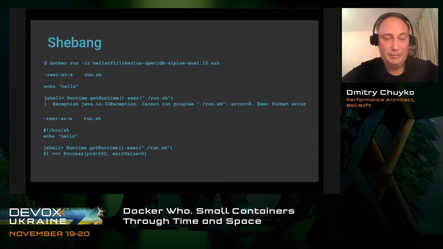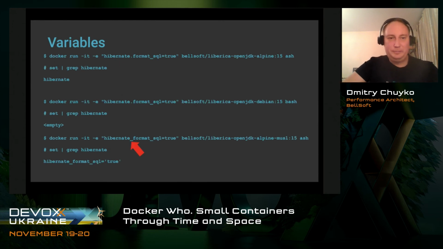So for shebang, imagine you have a very simple shell script and you expect that it will be runnable if you just exec it from the Java environment. Well, it may not be because you missed the shebang. So that's hash, exclamation mark, and the exact shell that should execute your script, right? If you denote that, it will work.